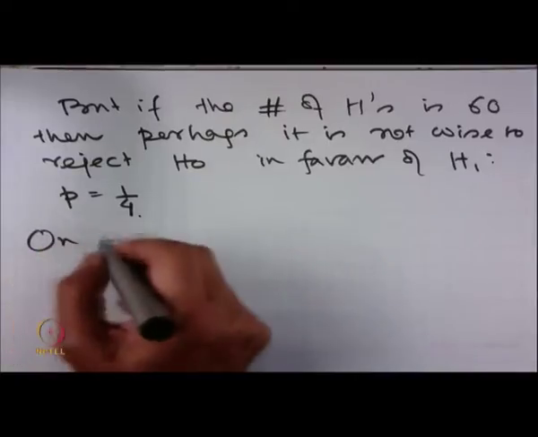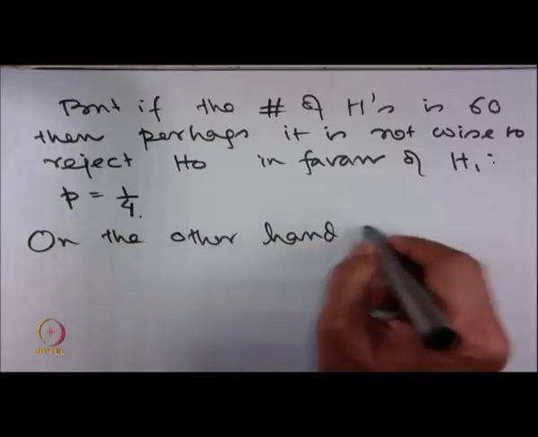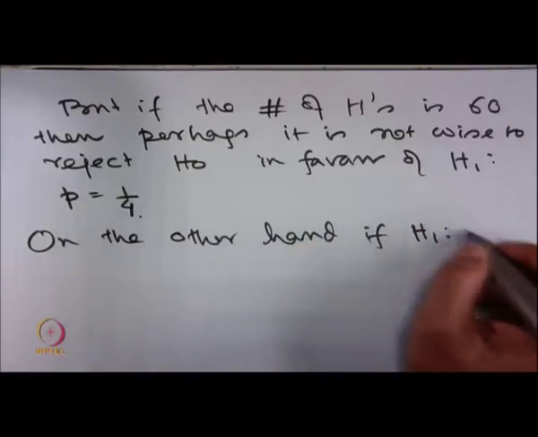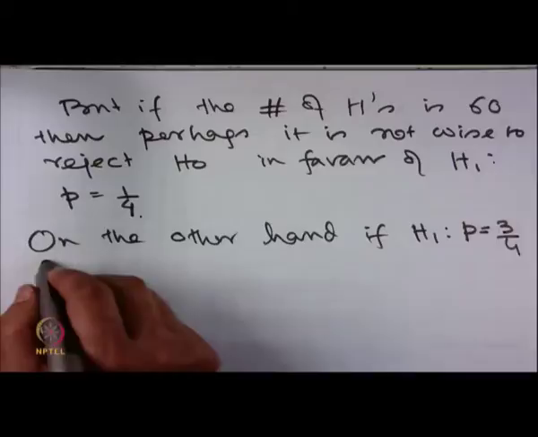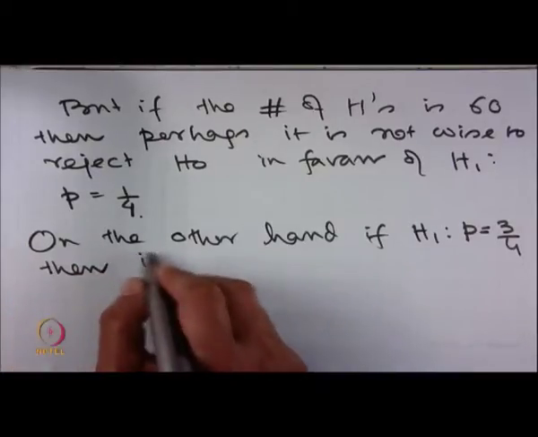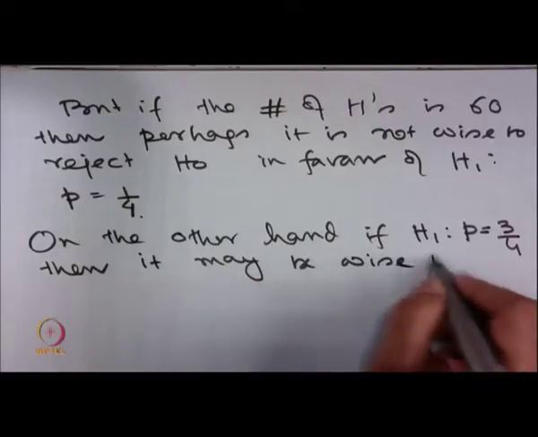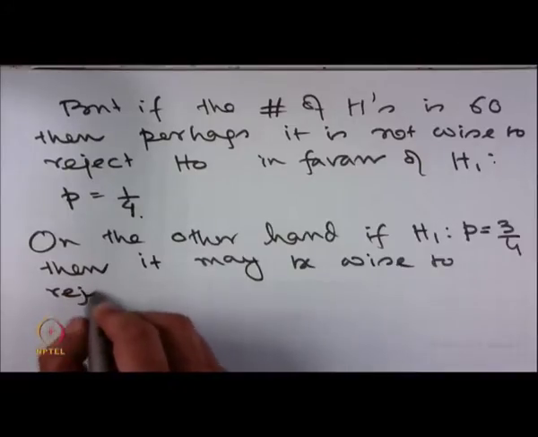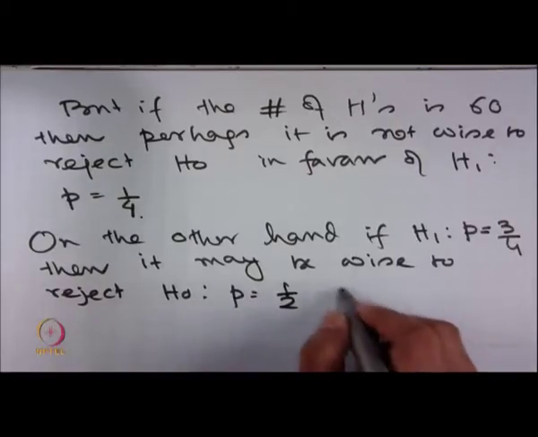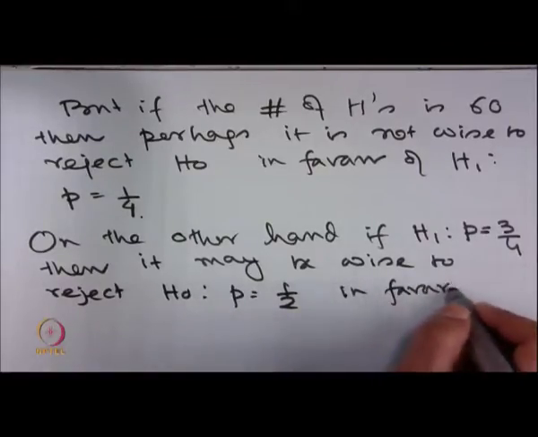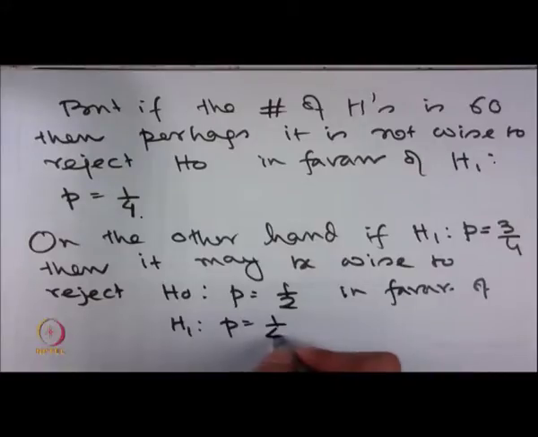On the other hand, if H 1 is P is equal to 3 by 4, then it may be wise to reject H naught, p is equal to half, in favor of H 1, that p is equal to 3 by 4.